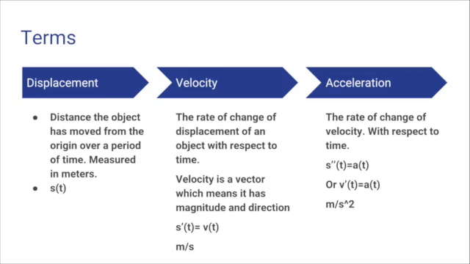So velocity is that instantaneous rate of change, and it is usually measured in meters per second, so how far the object has moved and in how many seconds, so how fast the object moved.